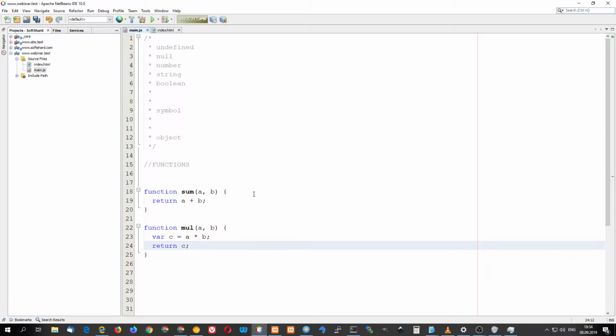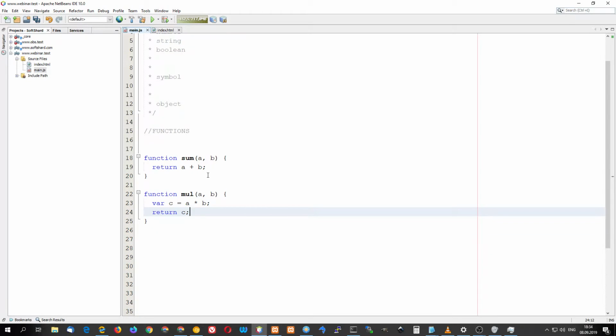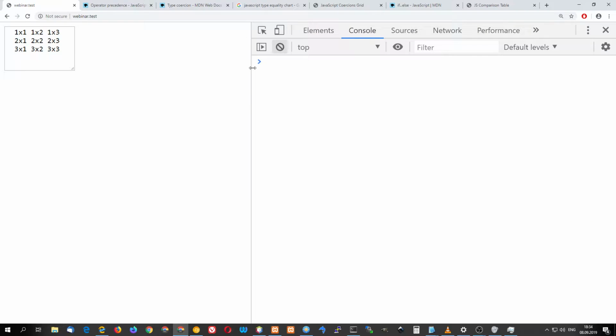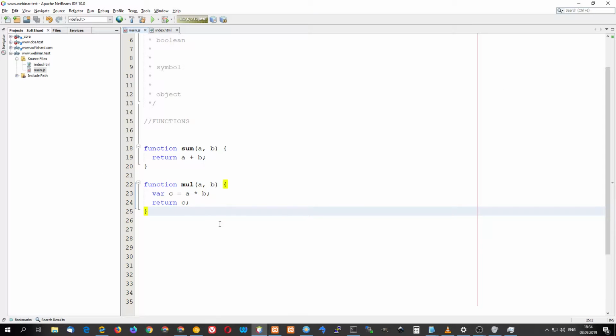This is known as function declaration. So this on its own doesn't do anything. It just declares that those functions exist. We have a keyword function. It's a reserved word in a language. So we declare a function with the name sum or with the name mul, so multiply. This function has two parameters separated by comma, a and b. And again, there's a block.